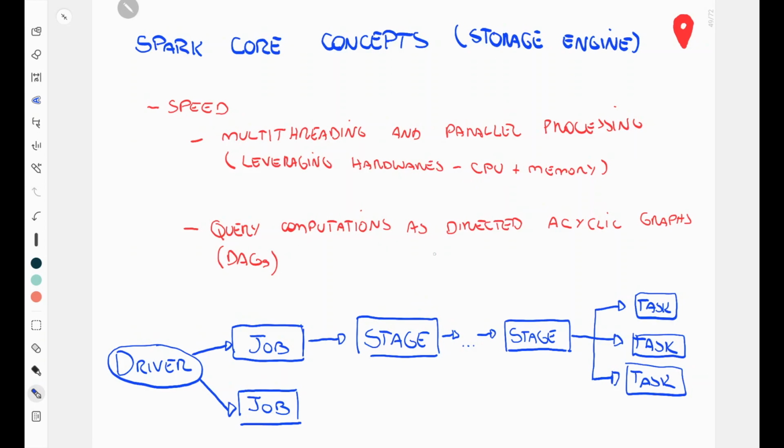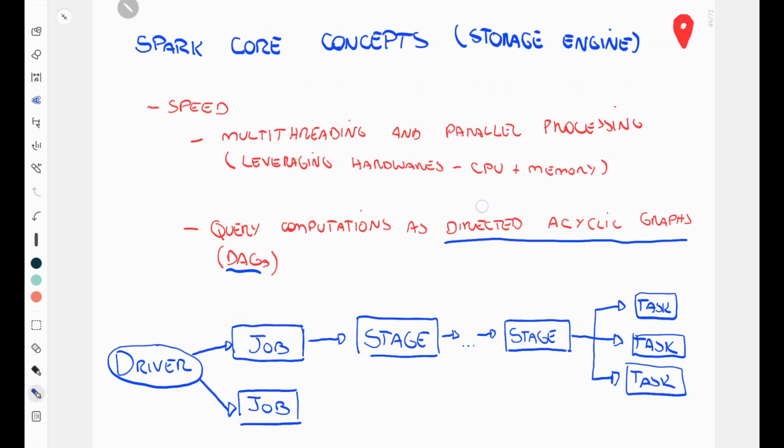And the query computations are directed acyclical graphs. That is, you only move onwards, it's directed, and it doesn't go back. So you have this kind of structure. This is a simple example of directed acyclical graphs, DAGs.